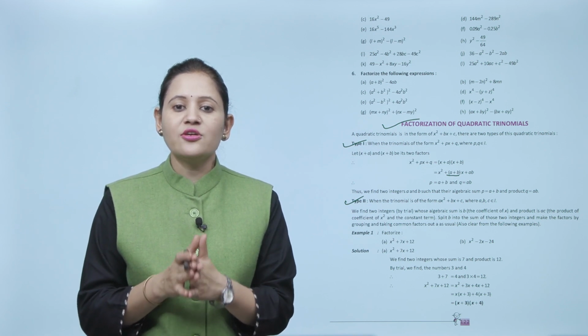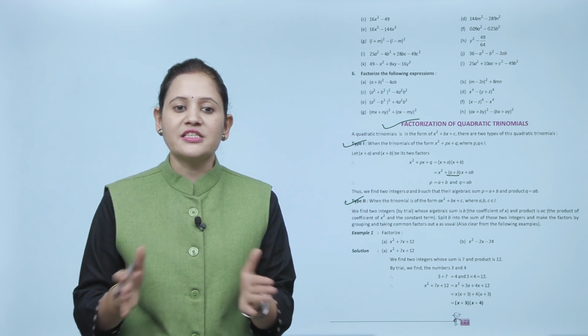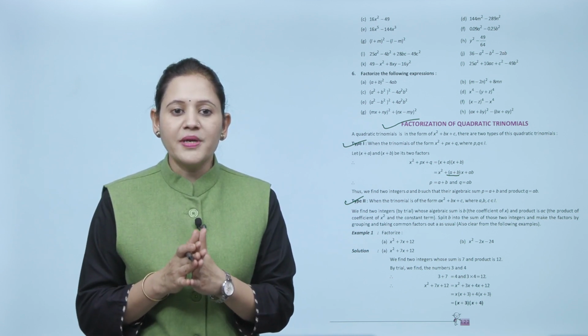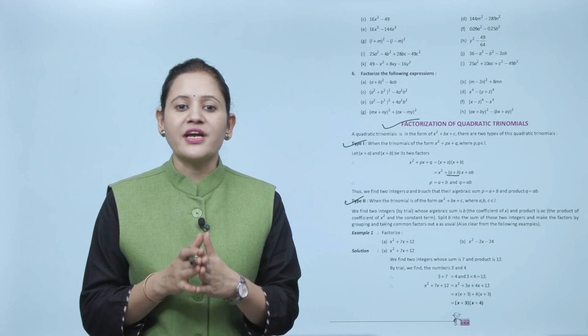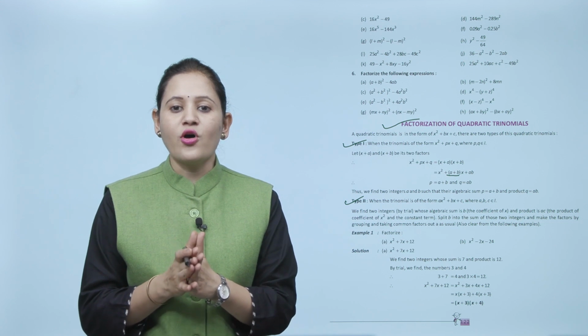Split b into the sum of those two integers and make the factors by grouping and taking common factors out. This will be clear from the following examples.